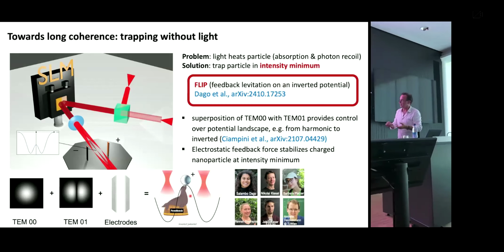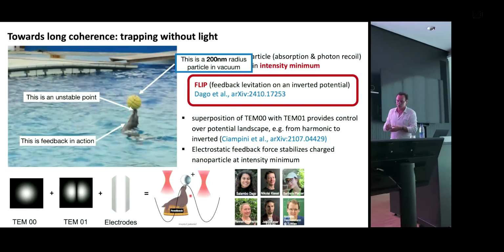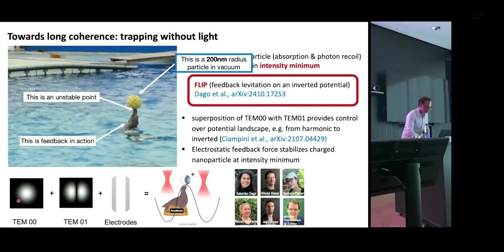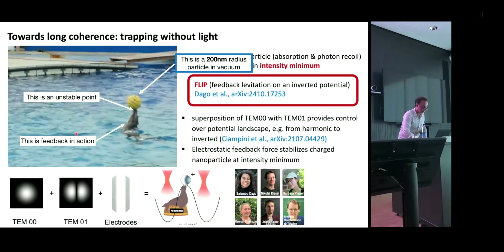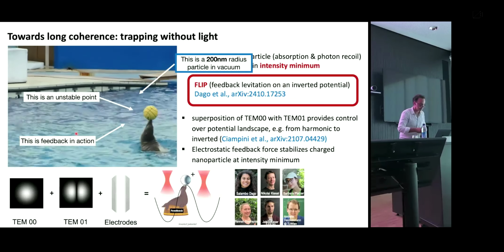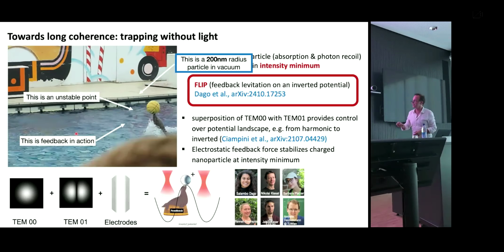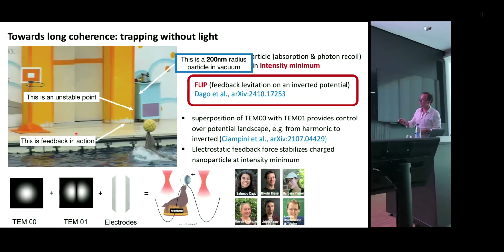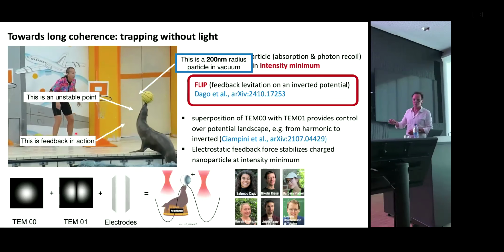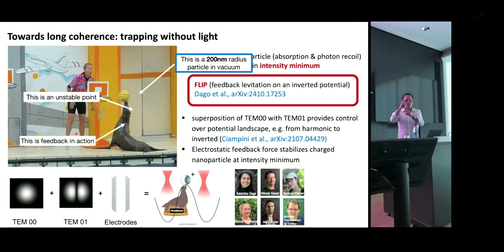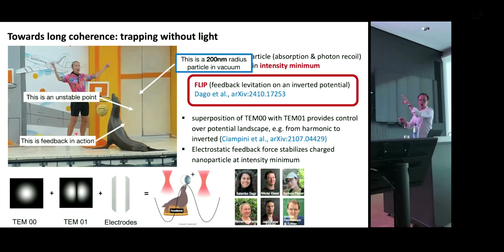Let me just show you the whole idea. You see, the particle sits on top of the unstable potential, and we are following the particle position and just feeding it back and stabilizing it on top of that unstable potential.